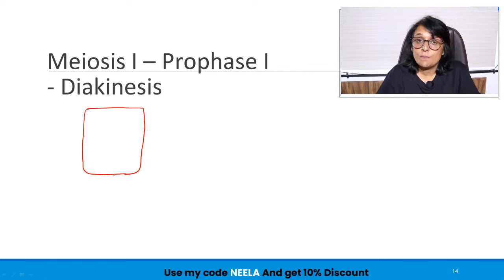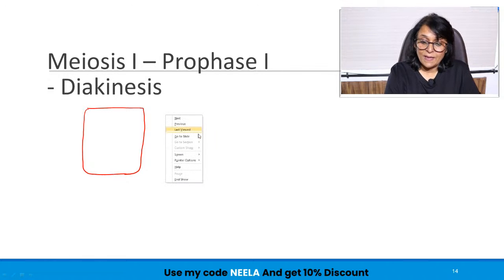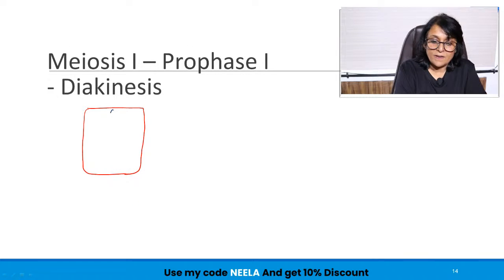So nuclear membrane dissociates, nucleolus dissociates, all organelle membrane dissociate. So you would not see the nuclear membrane here. What is going to happen to the centriole? The centriole has already undergone splitting in S phase. One remains at one pole and other would reach at the other pole.